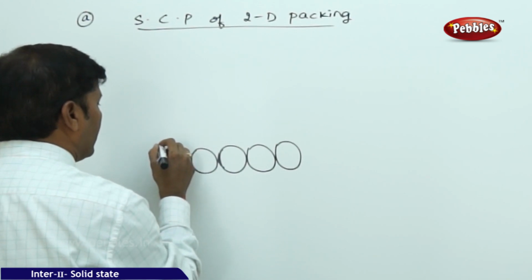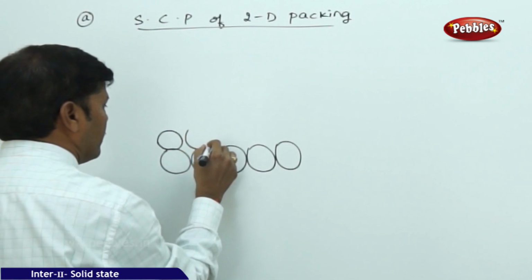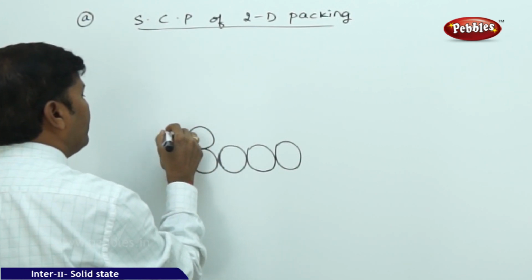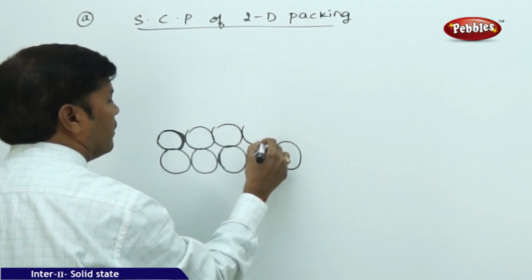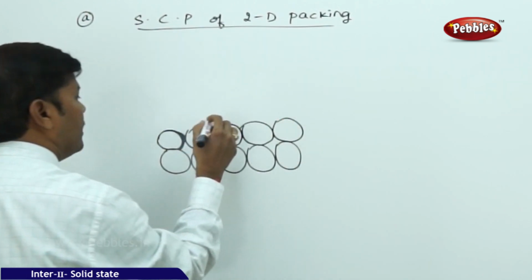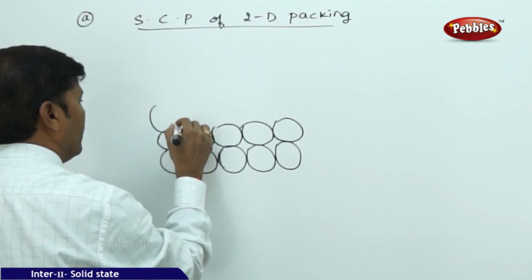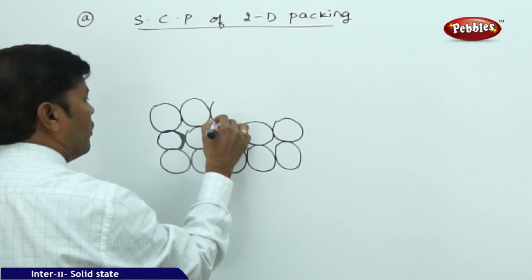I am trying to superpose the second layer spheres with the first layer spheres like this. There are no gaps here. There should not be any gaps. You can find that they are completely packed, simply superposed. So here also a kind of superposition is taking place, one sphere over the other.